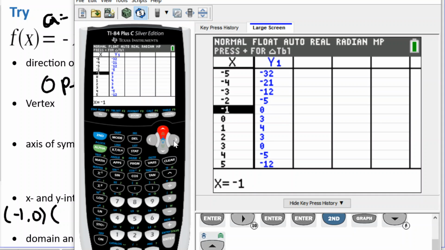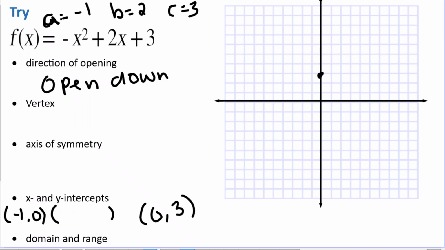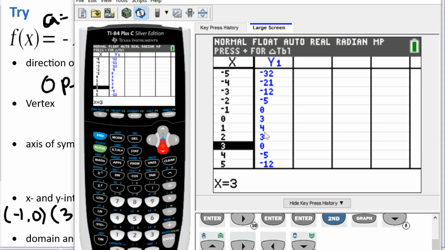The fact that y is 0 means I'm representing an x-intercept. I can see here that when x is 3, y is also 0. So there's another point I can pull out. However, the table's not going to work for you if your x-intercepts aren't at nice integer values. We can see our y-intercept here as well. Right, when x is 0, y is 3.